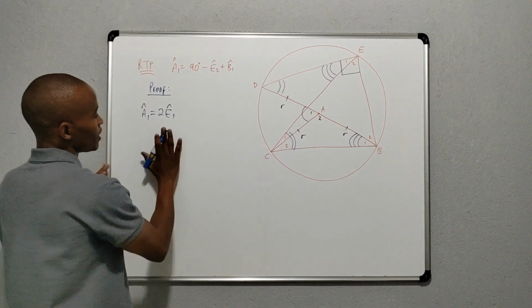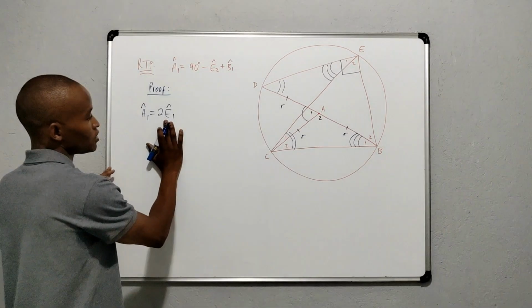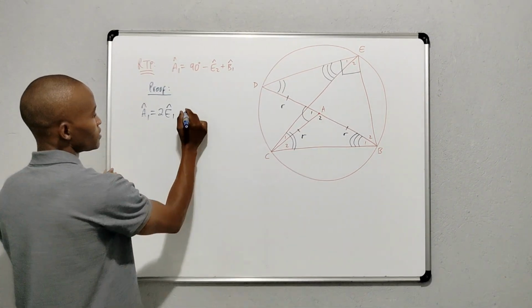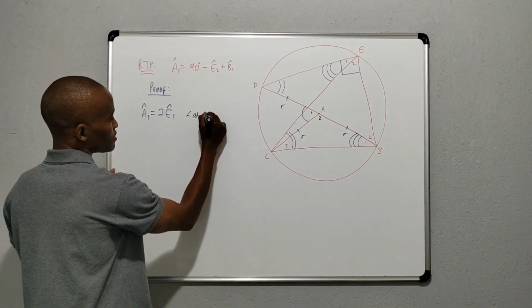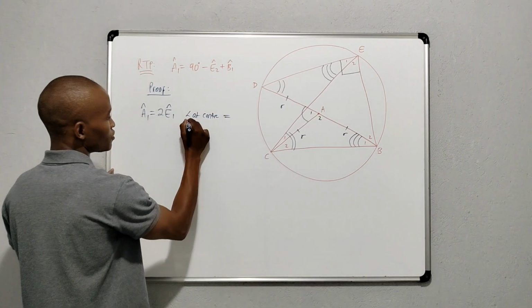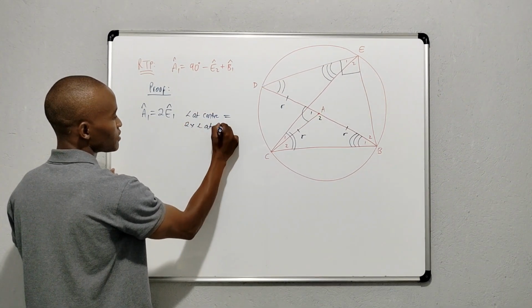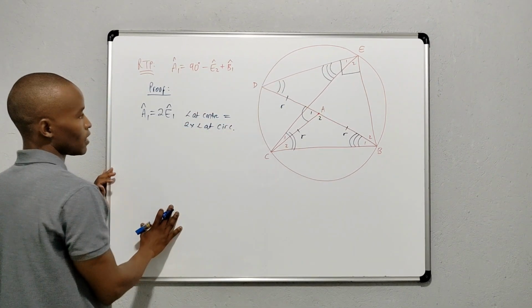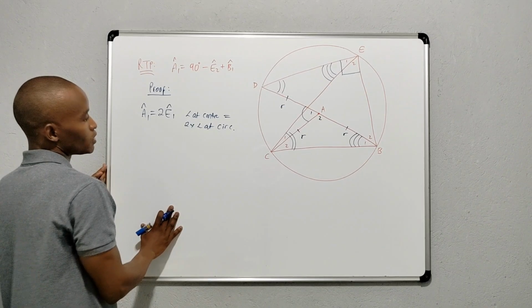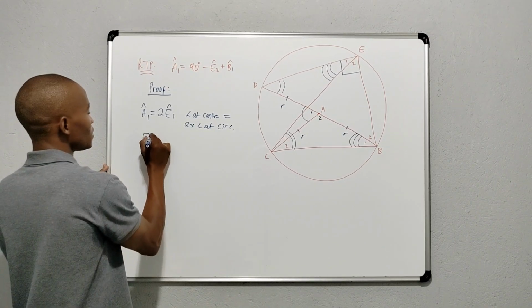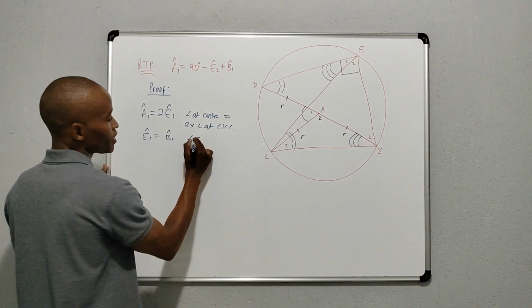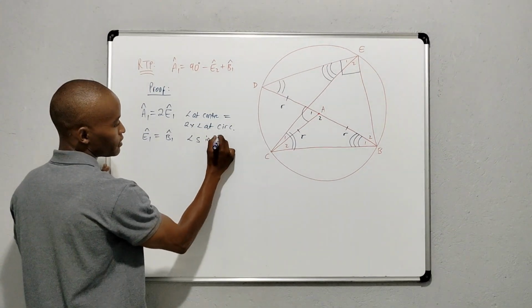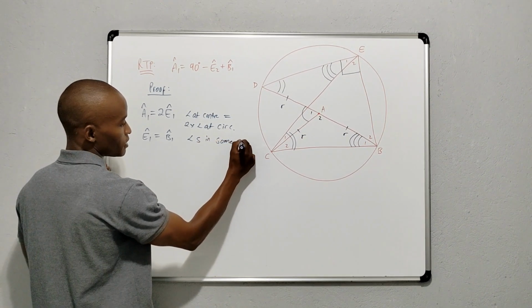Okay, so now what do we need to do? We know that the reason for this statement is angle at center is equal to 2 times angle at circumference. However, we know that angle E1 is equal to angle B1, these are angles in same segment.